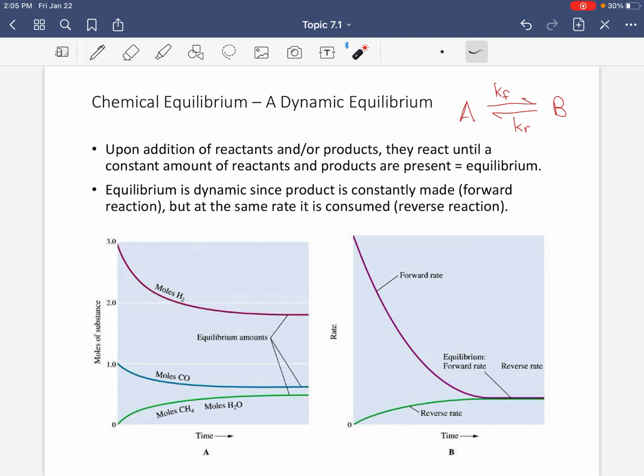But of course, this is something new. It is something that you're just going to have to get used to thinking, because right now, the idea of a reaction in your head is forward reaction only. But no, there are many, many reactions that take advantage of going backwards. And we've seen an example like this before.